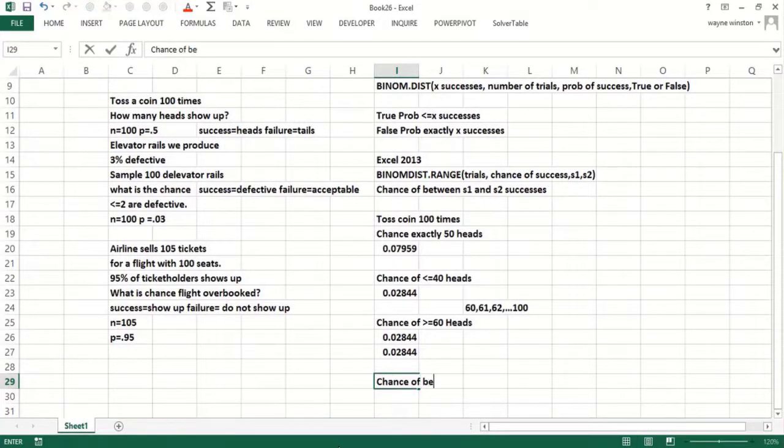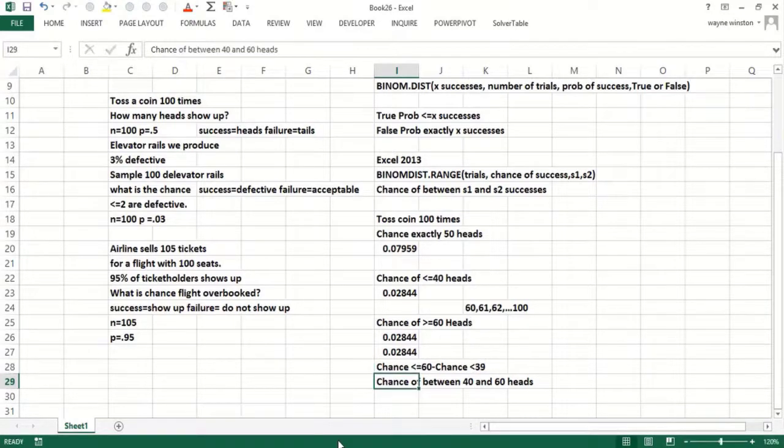Chance of between 40 and 60 heads. Well, you've got to take the chance of less than or equal to 60 minus the chance of less than or equal to 39. Because if you take less than or equal to 40, you'd be taking away the chance of 40 heads.